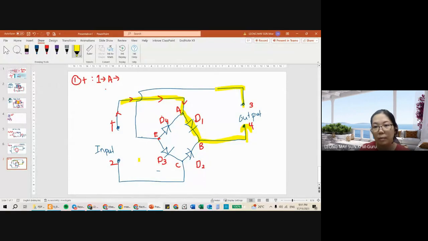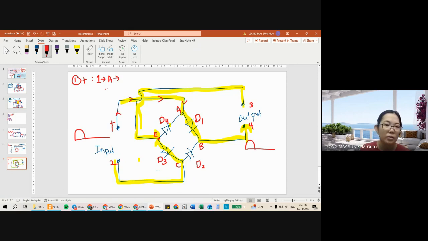Okay, so number 3, follow the line, cross over, reach E. Now the main key is actually to come back to number 2. So it can go to D4, but no point. All right, so it goes to D3, reach C, and then comes to 2. When the current can come back to 2, it actually means that the positive part now appears at the output.